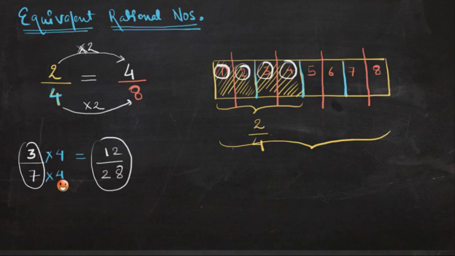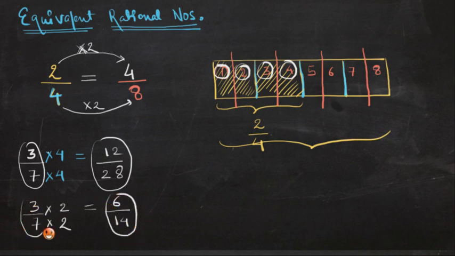And I could do anything. Instead of multiplying by 4, I could have multiplied with, let's say, 2. But I have to multiply both numerator and denominator with the same value. 3 times 2 is 6, 7 times 2 is 14. So this is also equivalent to 3 by 7. So basically 3 upon 7, 12 upon 28, 6 upon 14, all these are equivalent rational numbers.